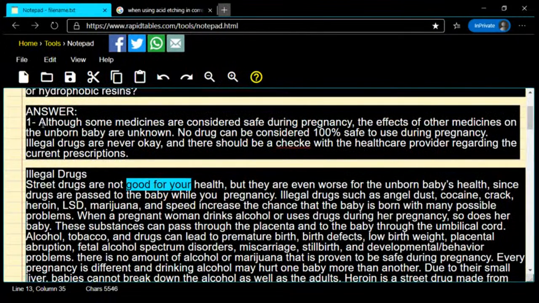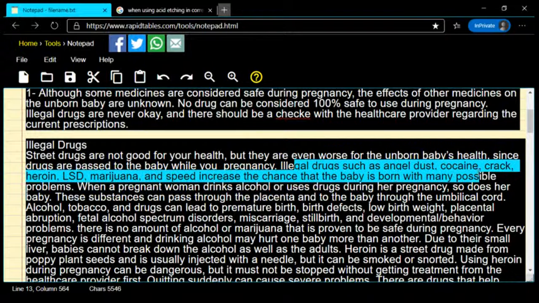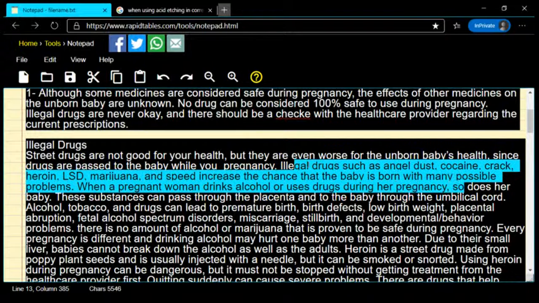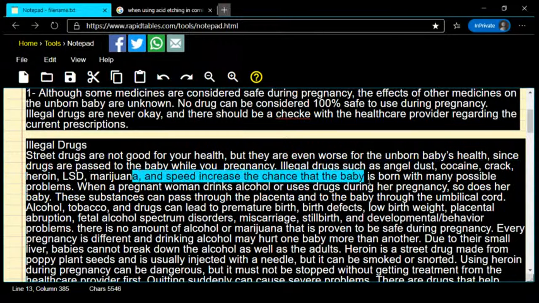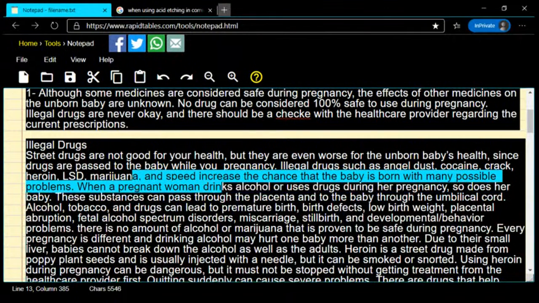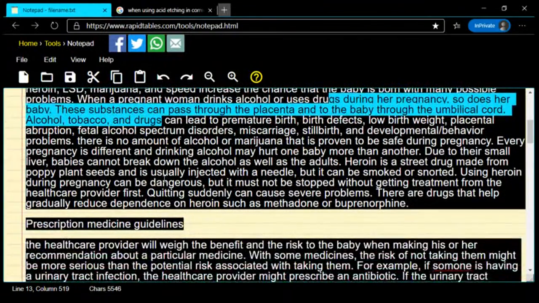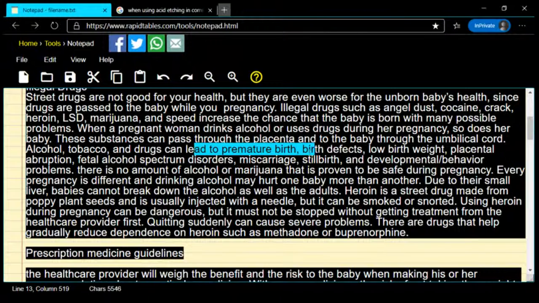Drugs increase the chance the baby is born with many possible problems. When a pregnant woman drinks alcohol or uses drugs, so does her baby. Alcohol, tobacco, and drugs can lead to premature birth.